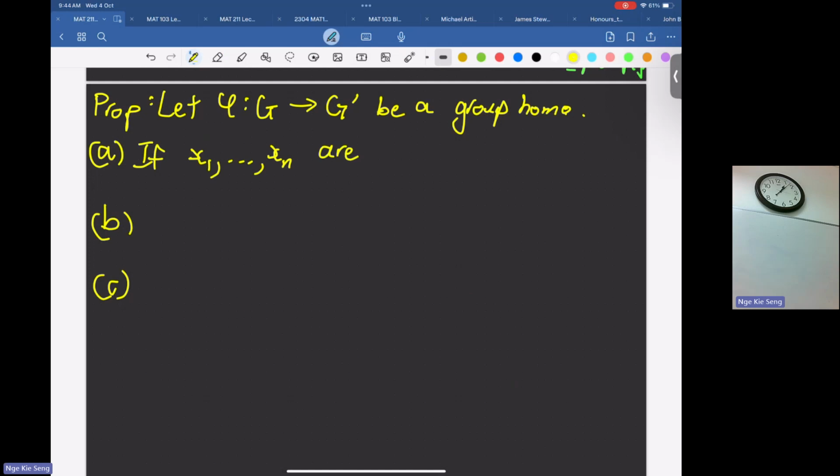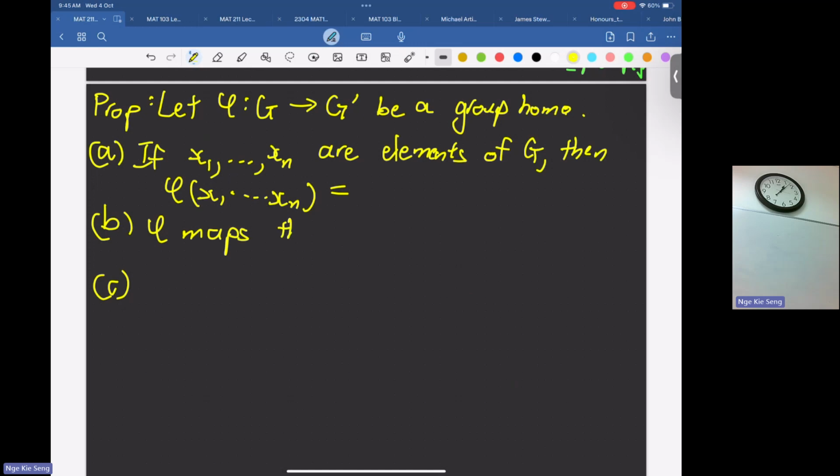What is phi applied to the product of all these? And then we also can ask, where does phi map the identity to? And then where does phi map the inverse to?